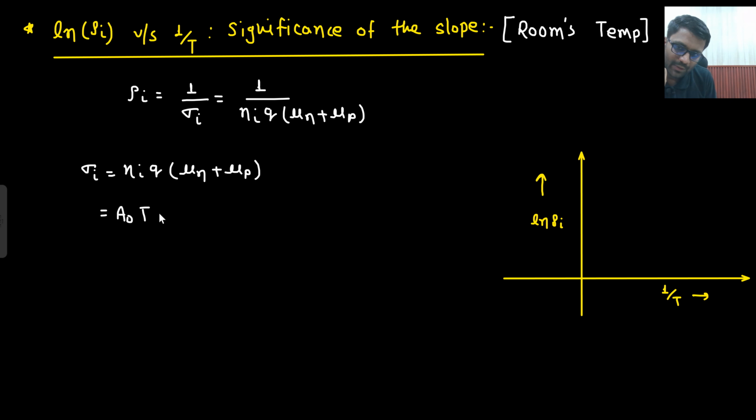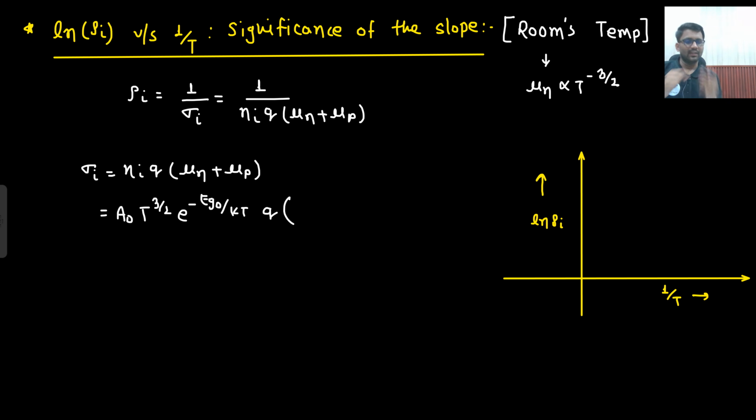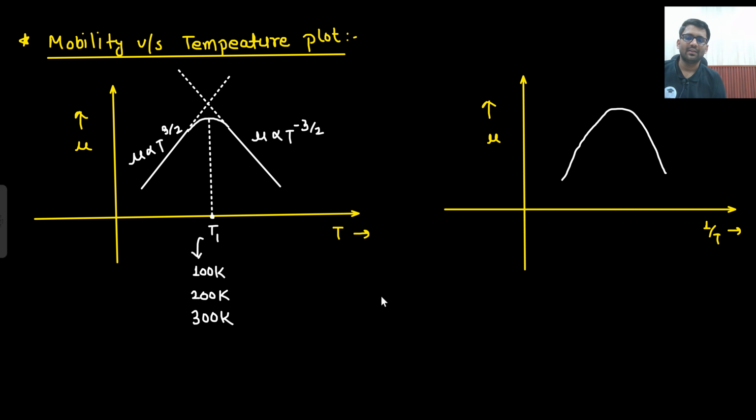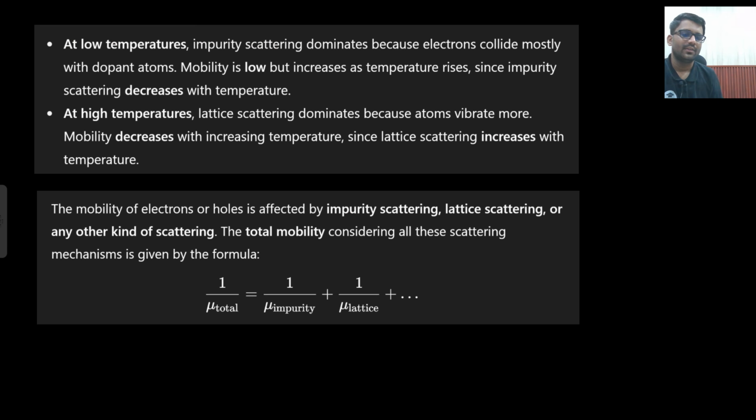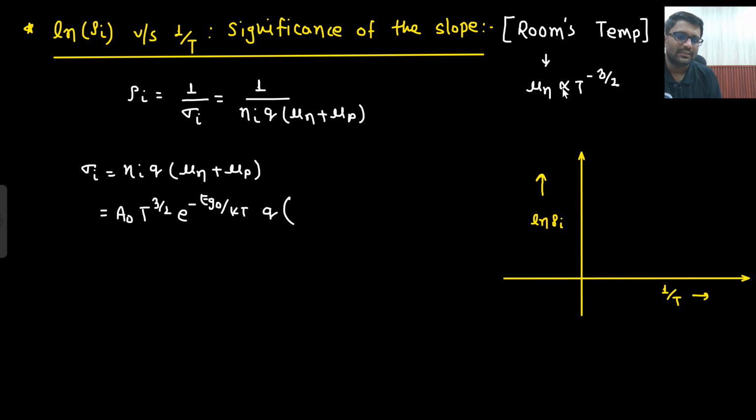A naught T to the power 3 by 2 e to the power minus Eg naught by kT. And what is the value of mu n at room temperature? Mu n will be proportional to T to the power minus 3 by 2, because after room temperature mobility will decrease only. So this is the expression that we are going to use.